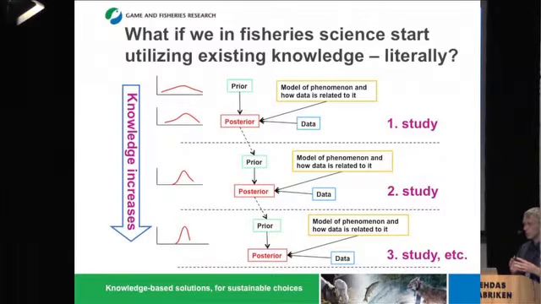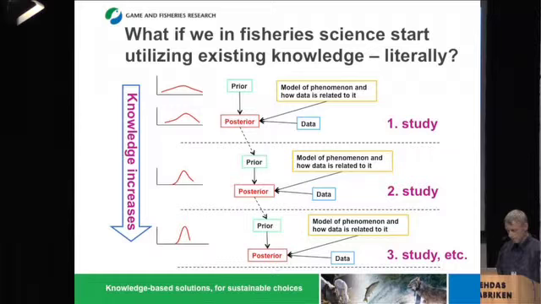We combine them formally into the posterior. Later on, the same person or another person carries out a second study. It would be very logical, of course, to use the existing information as a prior for the second study, and so on. So this is a successive process, which would be, in the perfect world, the way to do it.